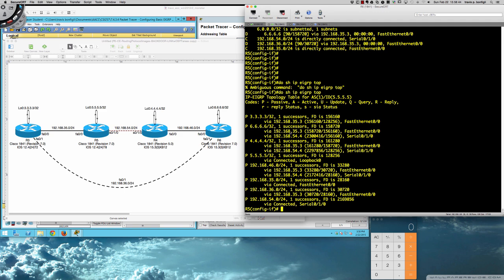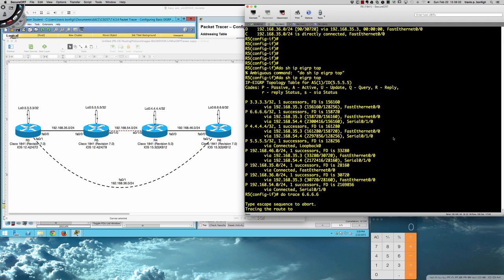So what I'm going to do, and we're going to go to 6.6.6.6, is right now, router 5's preferred path is through router 3. Okay? So if I were to say do trace over to the 6.6.6.6, we should jump over to the 192.168.35.3.